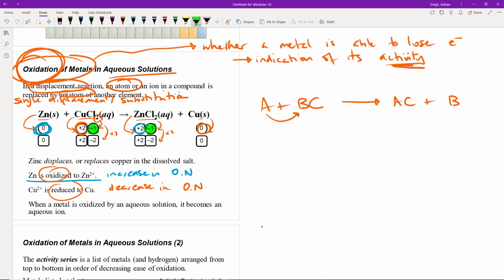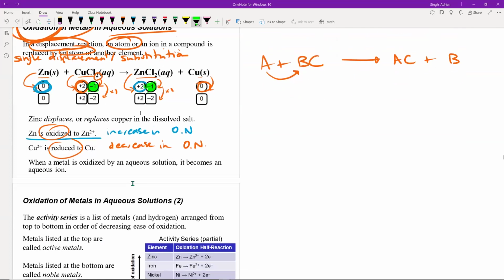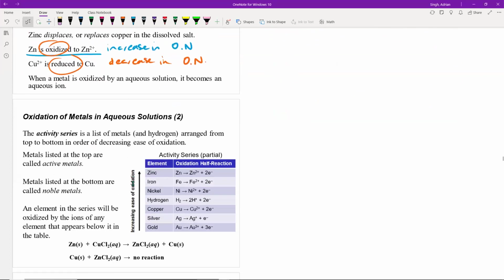So why is the zinc able to replace or displace the copper in the first place? And could the opposite be true? Why couldn't the copper displace or replace the zinc? Well, the reason is due to the relative reactivity or the activities of the metals.